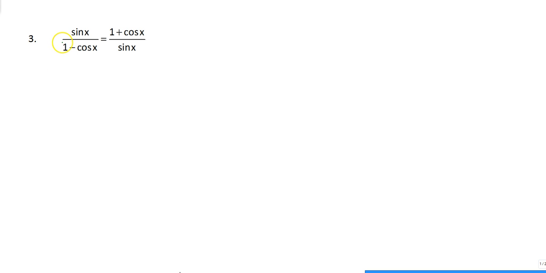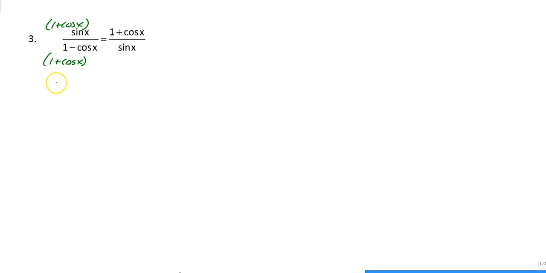The clever form of 1 is we should multiply the top and bottom by 1 plus cosine x. That would be the clever form of 1 to multiply the left side by.